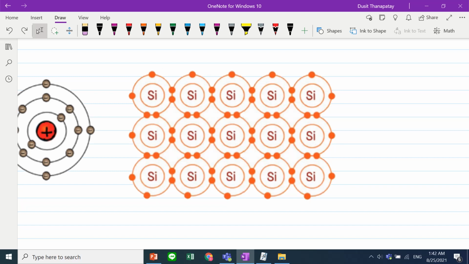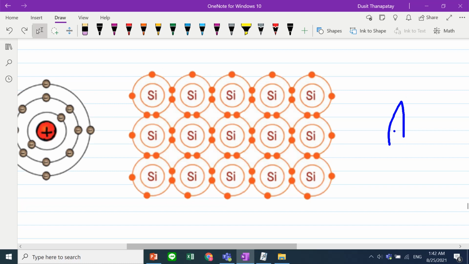And now what happens if I dope, or replace, some silicon atoms with another atom? For example, if I dope boron, or if I dope arsenide, let's consider arsenide first. Arsenide is group 5 in the element table.